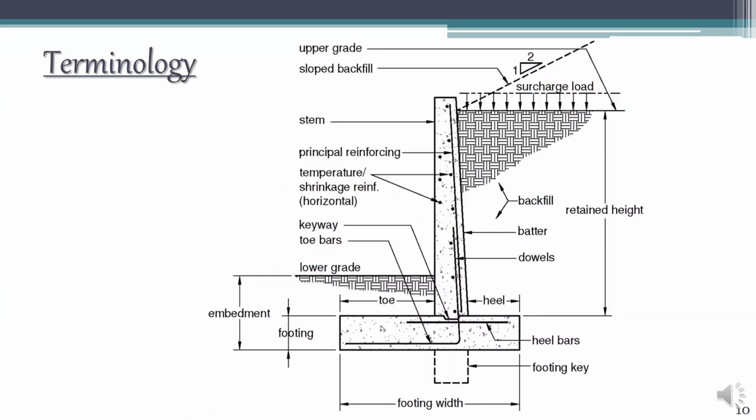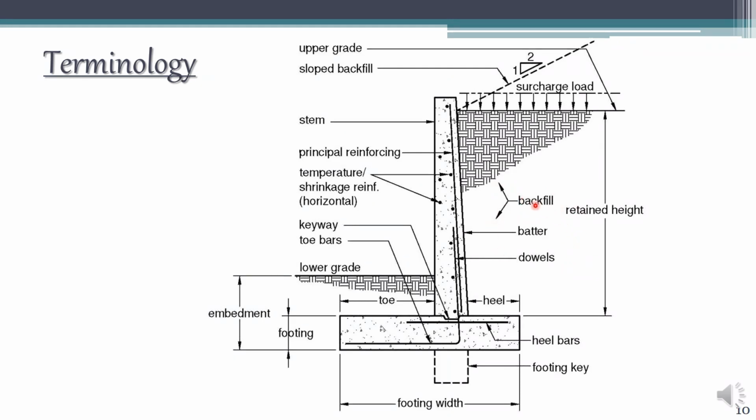Now let's see different terminologies used in a cantilever retaining wall. I have taken this as an example because this is what we are going to design as per the syllabus. The basic terminology is backfill.